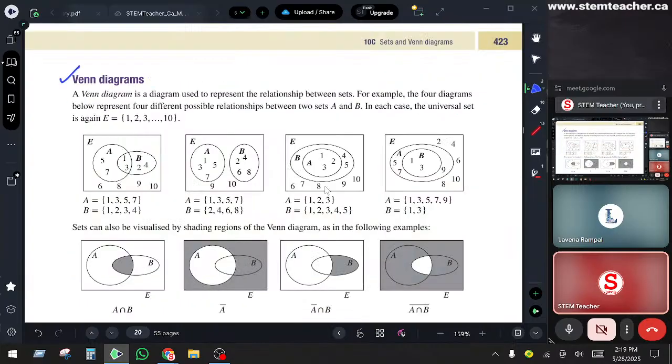Now this is a good image. Can you see the first image? These are called Venn diagrams. What is the first image? First image को पढ़ो थोड़ा.